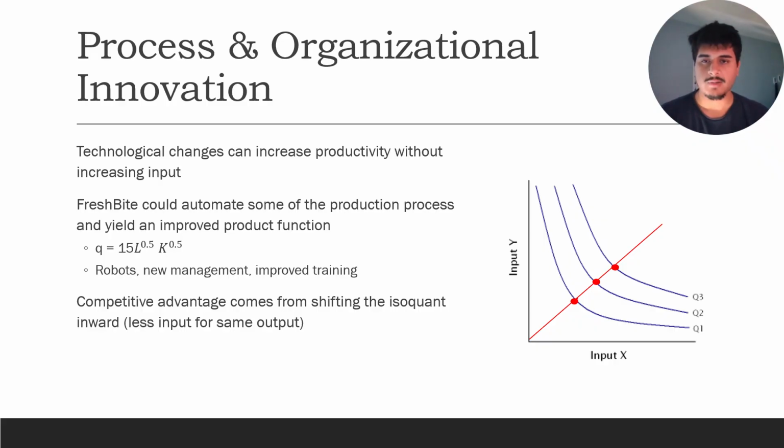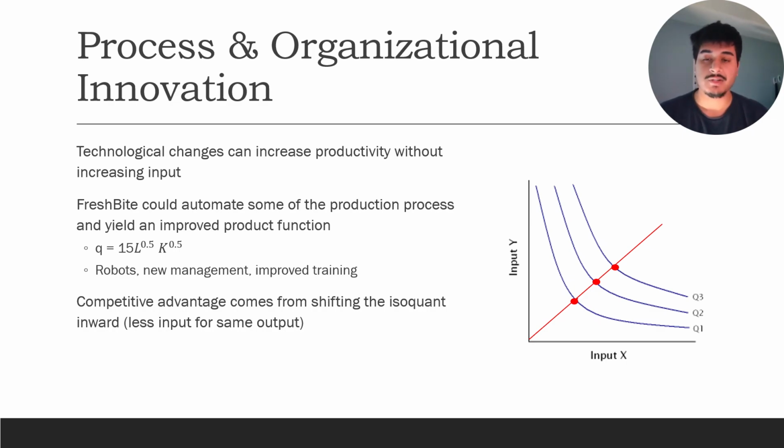You might be wondering what would take place if some kind of organizational innovation would improve the overall process. Technological changes can increase productivity without increasing input. This means higher returns without actually increasing the amount of labor or capital that you're putting in. FreshBite could automate some of the production process and yield an improved production function.